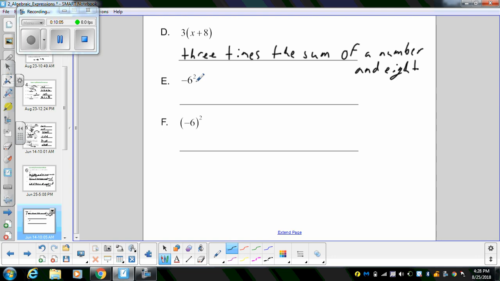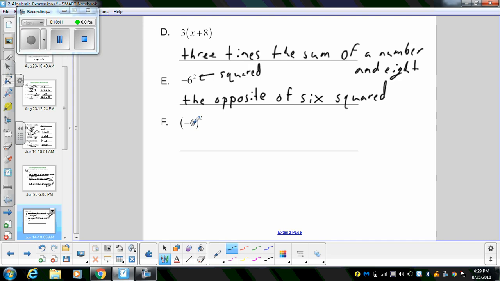Alright, so here's one we haven't really seen, but we see this negative. So we could say the inverse, or maybe the opposite, we're more familiar with that one. Doesn't really matter. So the inverse or the opposite of 6 squared.